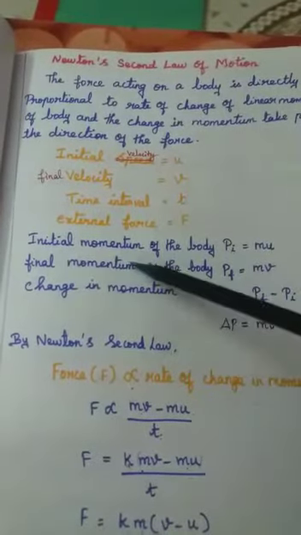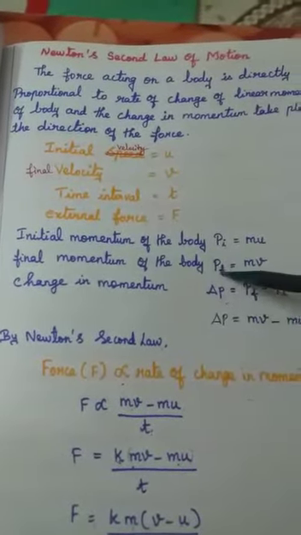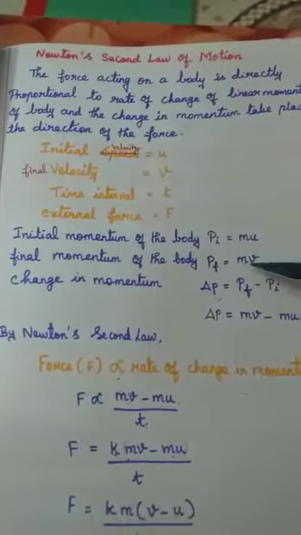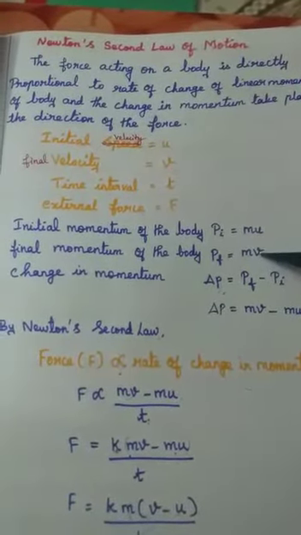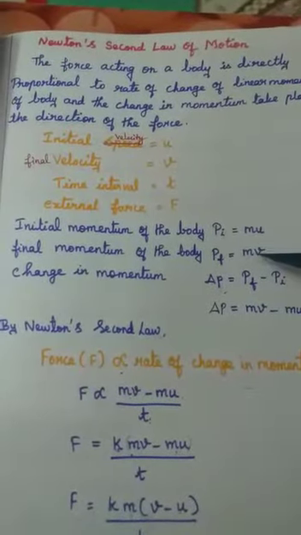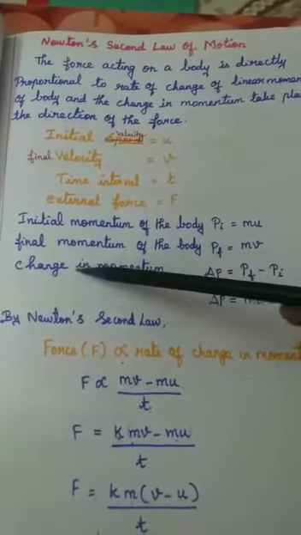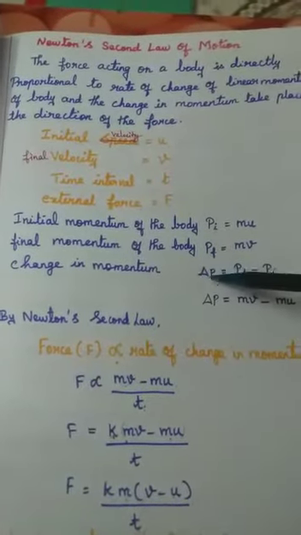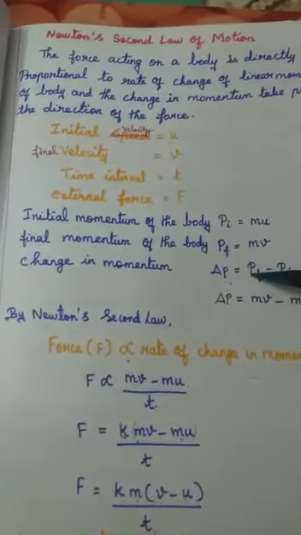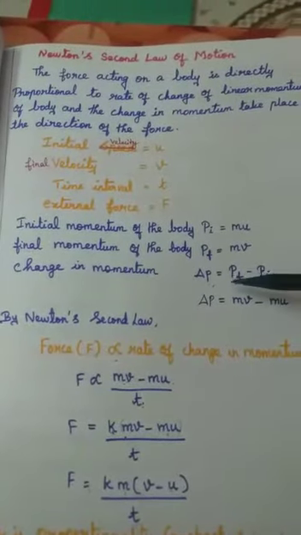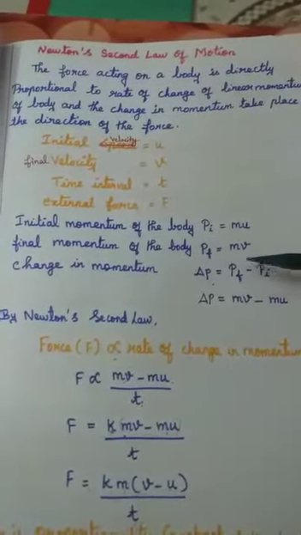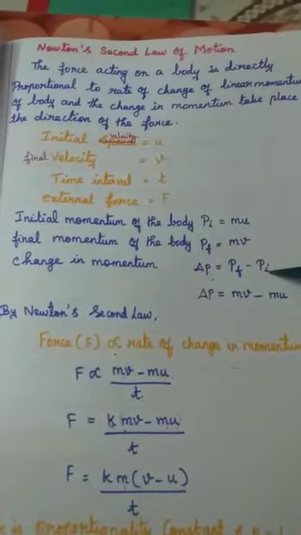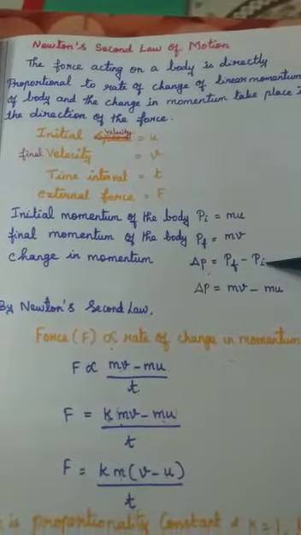The final momentum of the body is Pf, equal to the product of mass and final velocity, m into v, and the change in momentum delta p is equal to final minus initial, that is, the final momentum of the body minus the initial momentum, Pf minus Pi.